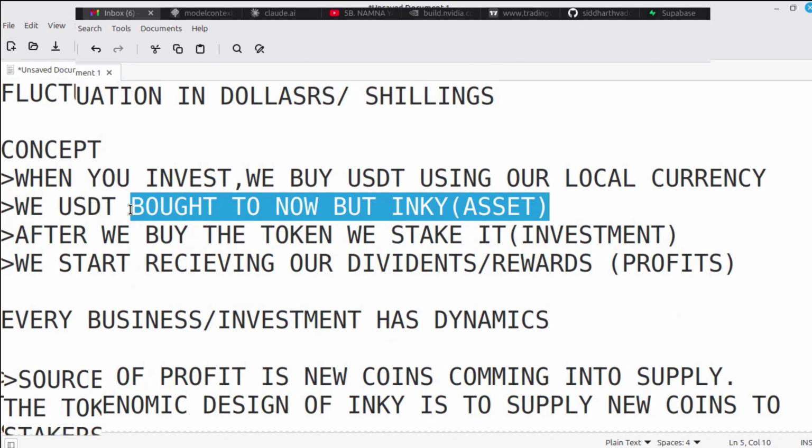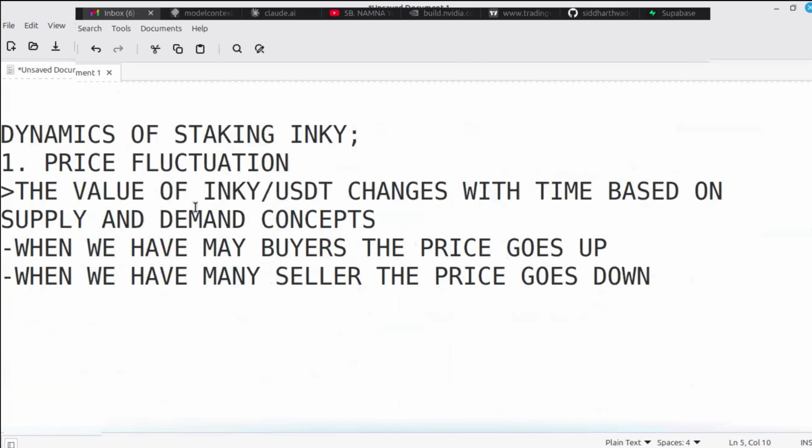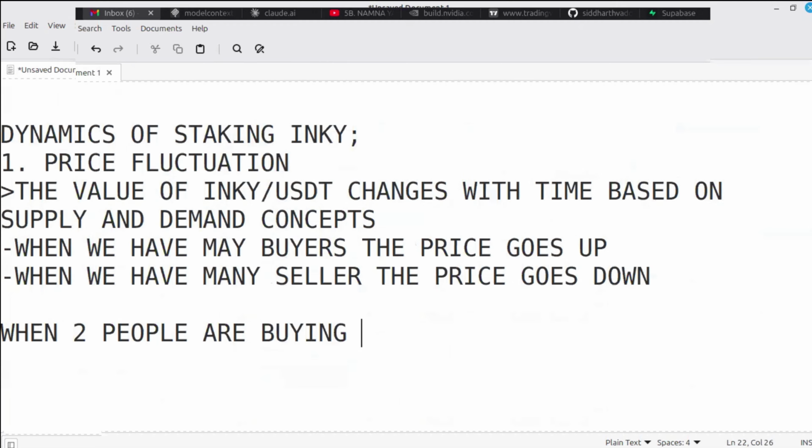So it means that when we have two people buying ink, okay, with $1,000 each.